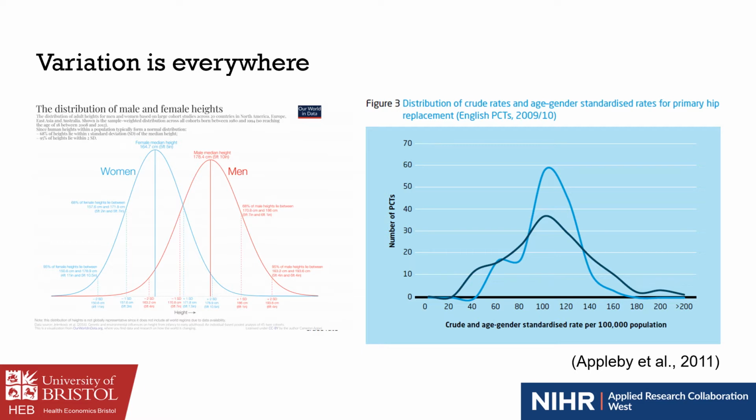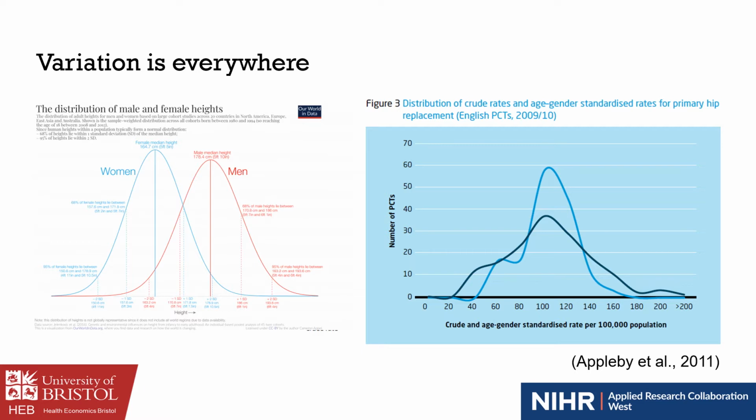On the right hand side is a graph showing variation in the use of hip replacement in different areas of England from around 10 years ago. You can see there is a fairly broad variation, with some areas having over 200 hip replacements per 100,000 population, and some having less than 20.